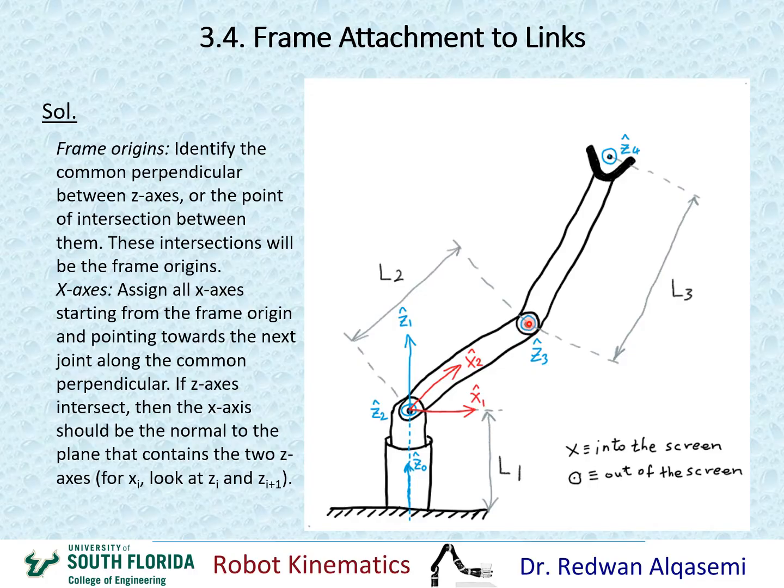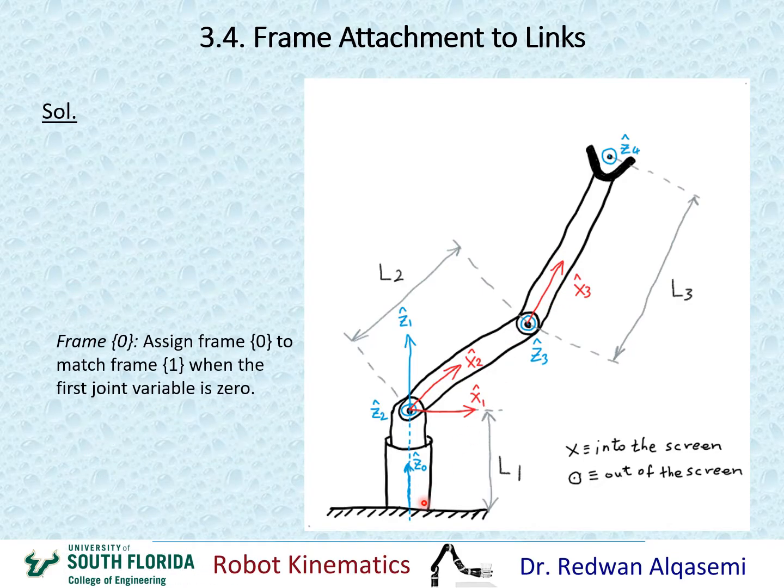That's the intersection between z3 and the common perpendicular between z3 and z4. Okay, and that means the x-axis, x3, will be going from the origin of frame 3 and going towards the z4 axis. Okay, so that would be my x3, and it has to be in this direction because z3 origin is here and z4 is here, and that's the direction that it should be pointing towards.